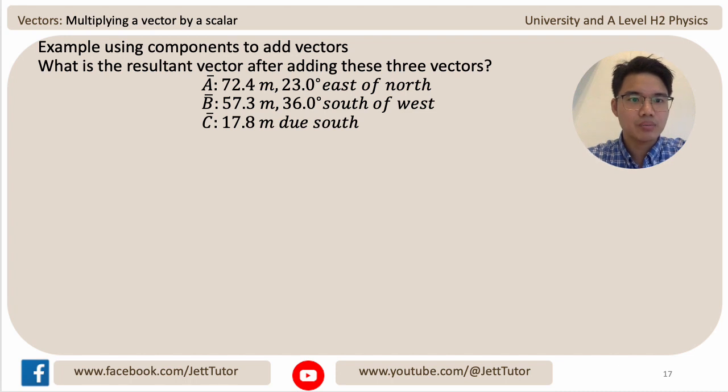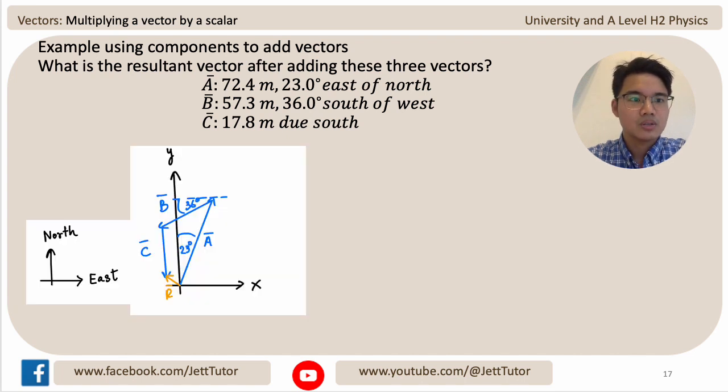Example, using components to add vectors. What is the resultant vector after adding these three vectors? We will use the technique of adding vectors by component vectors. First, we reference going up as the north direction and going to the right as the east direction.